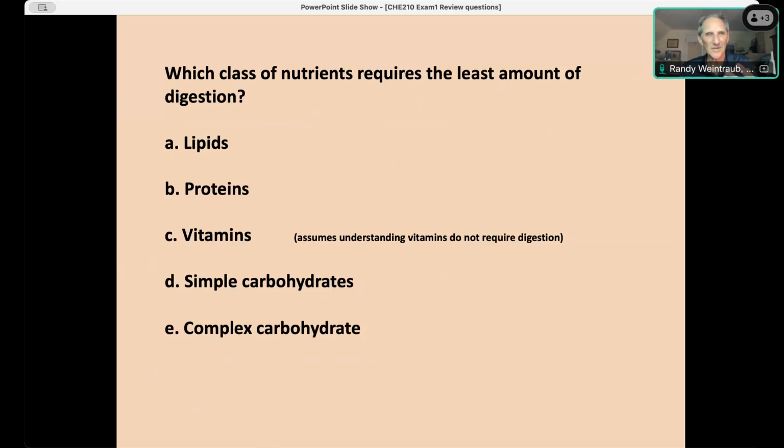But if we talk about other things, then it's the simple carbohydrates. Where do they get digested? They start to be digested right in our mouth. Sucrose and lactose could be starting to be digested in our mouth even.